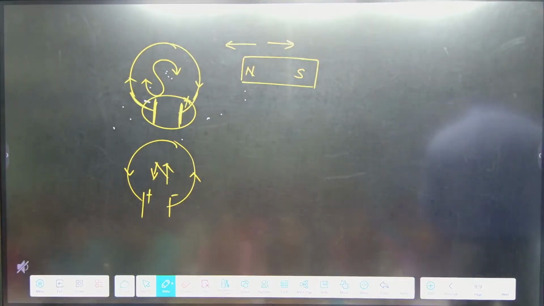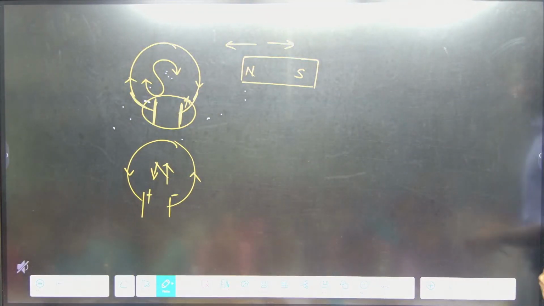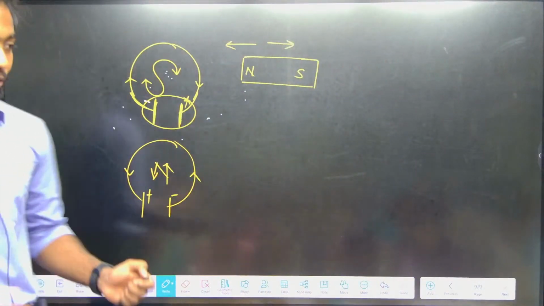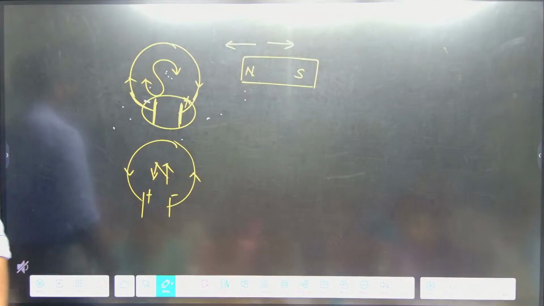Take down. Why we are finding the current direction: if I try to connect the galvanometer, I need to know the current direction, no?